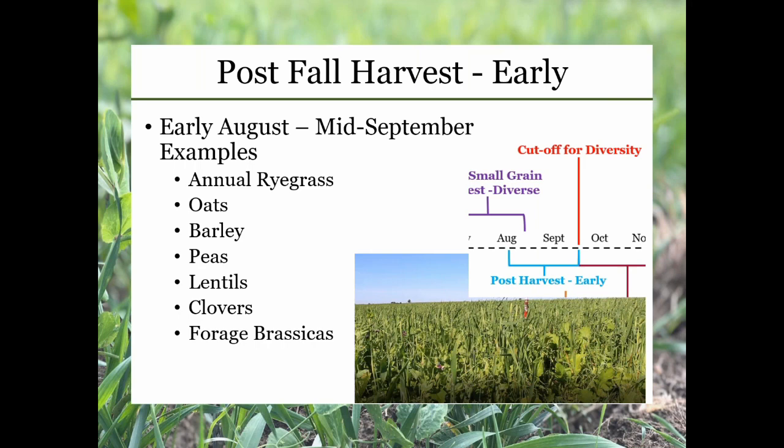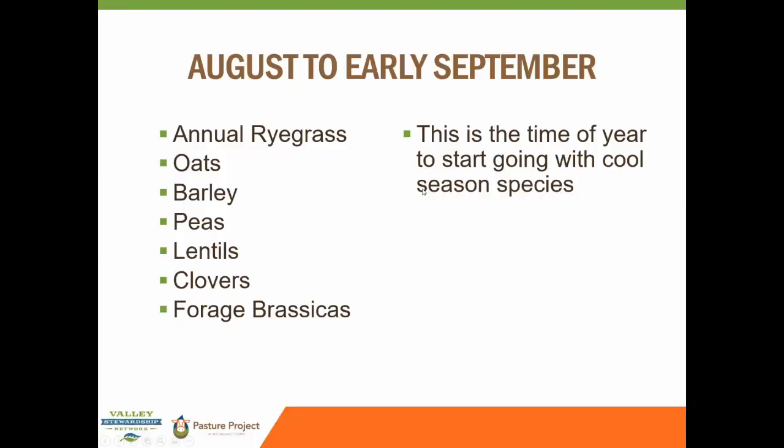So from early August to mid-September, we can still come in with ryegrass, oats, barley, peas, lentils. The clovers will still work at that time, especially if we want one that'll overwinter. And then the forage brassicas. Again, the same ones. And I would say, the 10th of September, once we get past that, we're really starting to cut off what we can use for a cover crop.